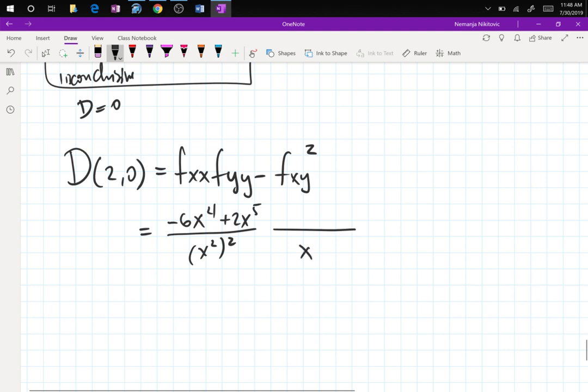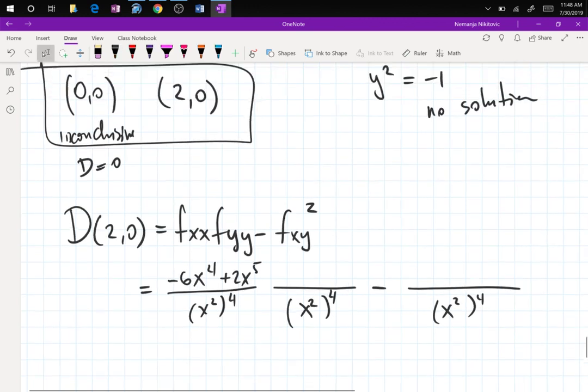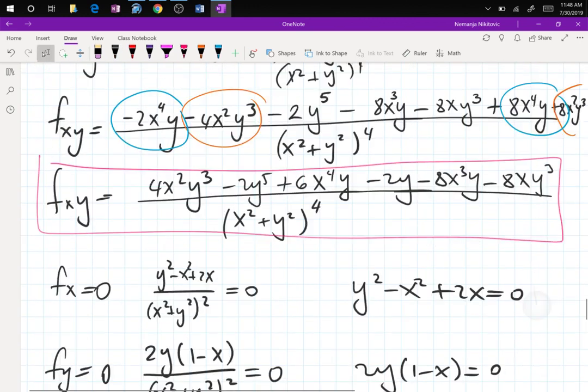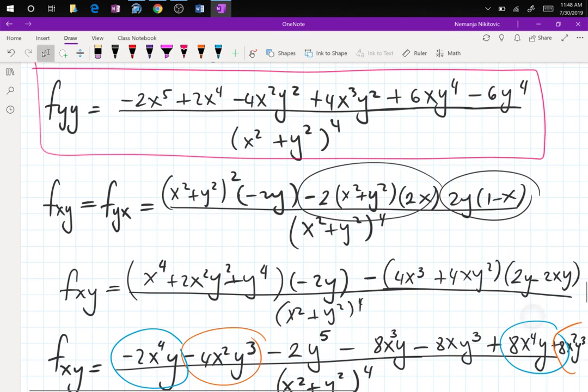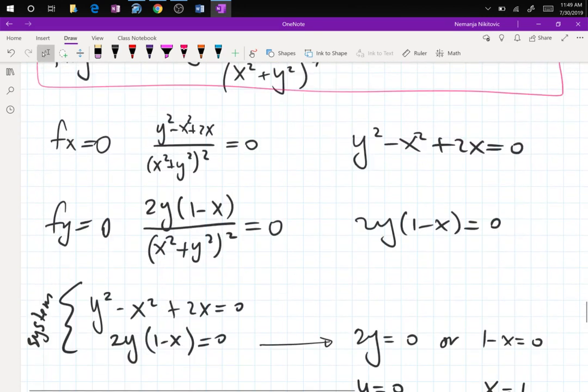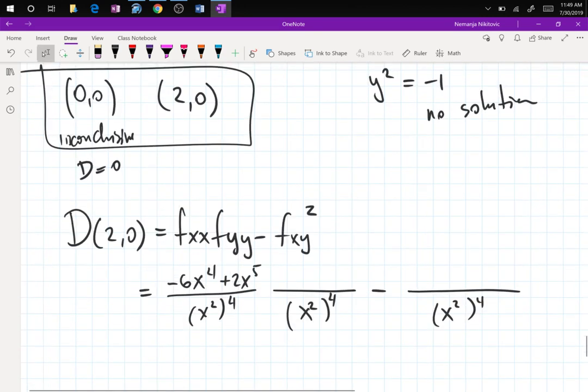fyy, the same story. You still have x squared to the 4th, there we go. Now, minus, and you still have x squared to the 4th for fyy. Then negative 2x to the 5 plus 2x to the 4th, I believe.